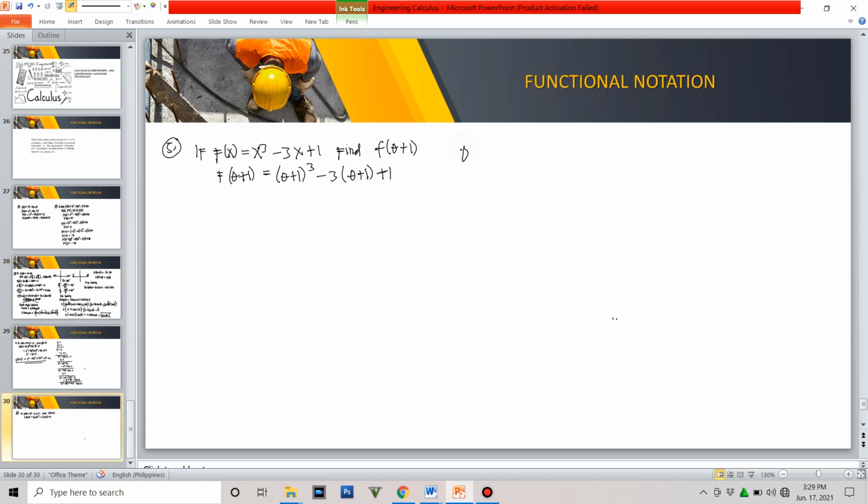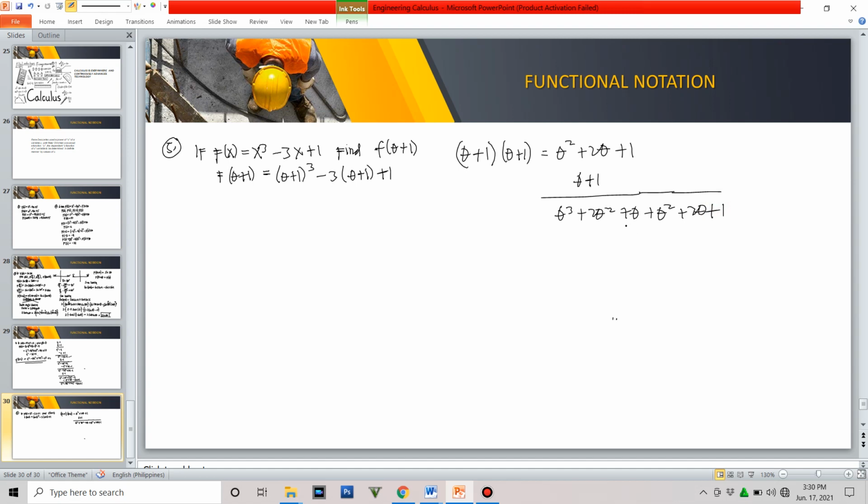Okay, so again we're going to perform squared functions. So this is theta squared plus 2 theta plus 1. And then again, we multiply that by theta plus 1. So this is theta cubed plus 2 theta squared plus theta, and then plus theta squared plus 2 theta plus 1.